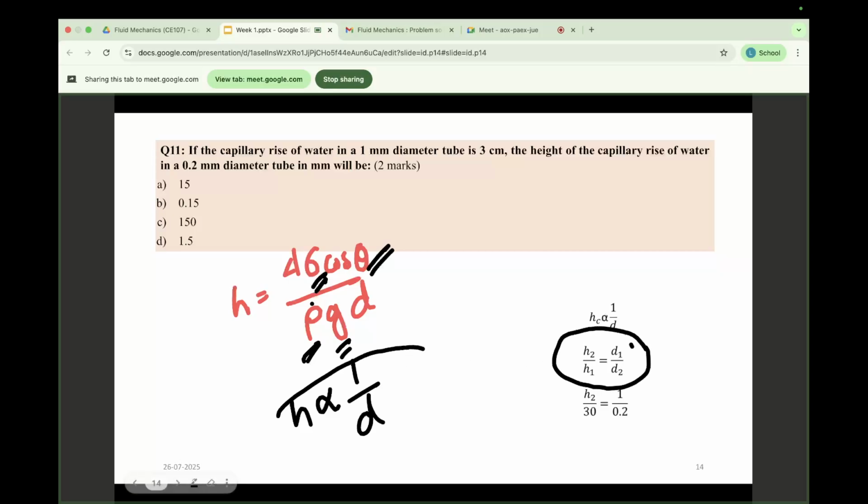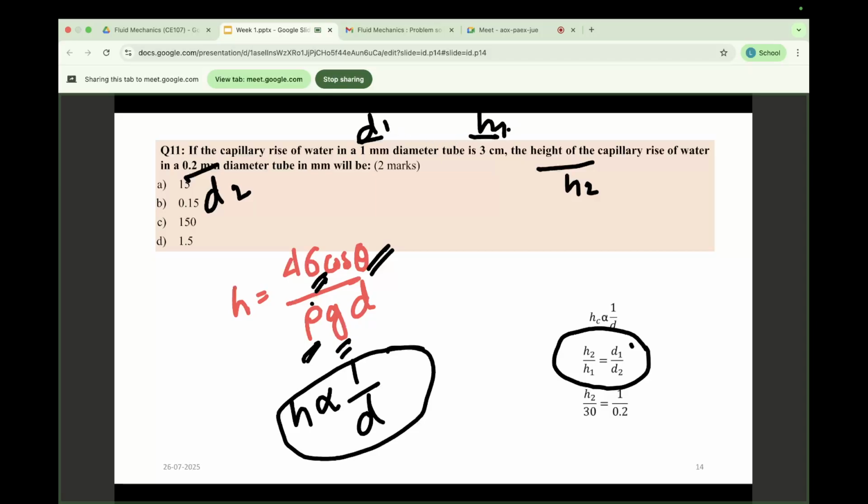So, you understand how this thing has come. So, we have to find out H2. This one is D2. This one, the diameter given, is D1 and this one is H1. So all these values are given here.